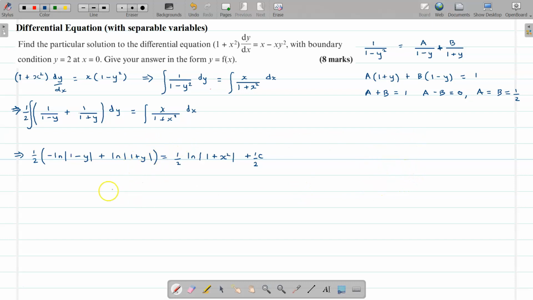Because then I'm going to be able to make a single log expression for both sides. So the half has gone. This expression here is the same as log of 1 plus y divided by 1 minus y.